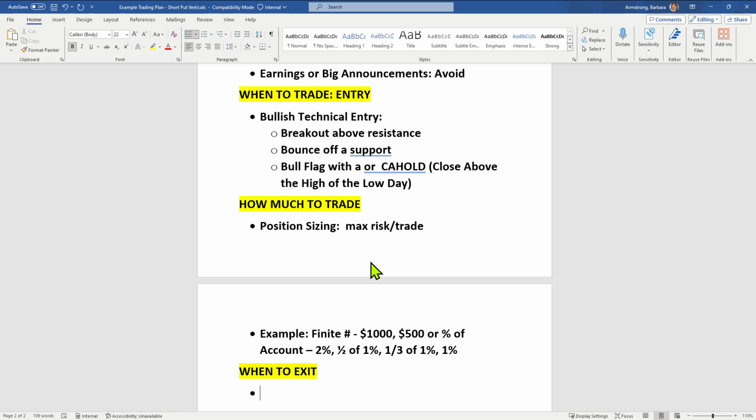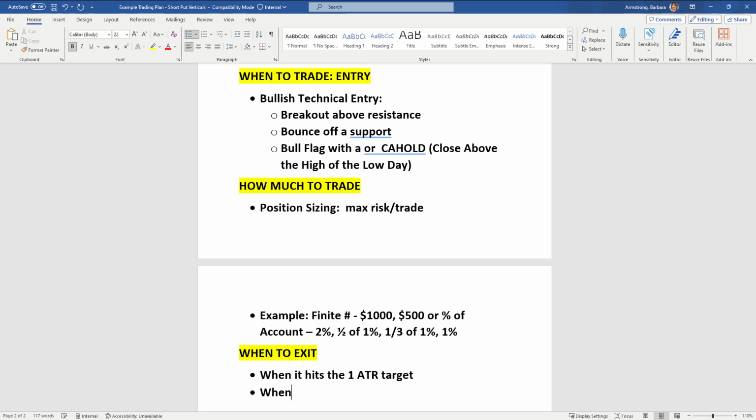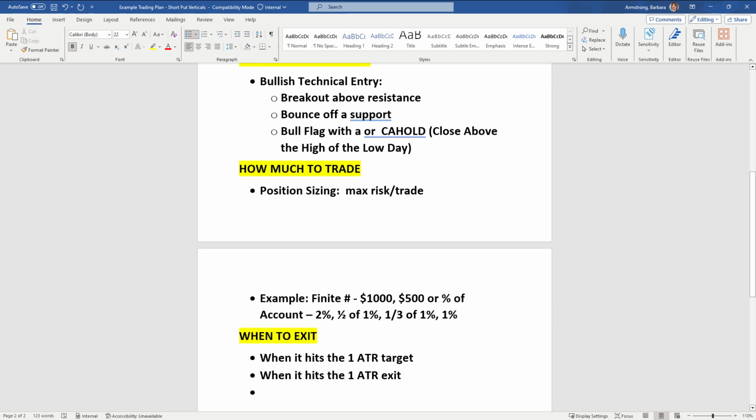So you might say, well, in this case, if I'm placing a 1 ATR trade, I want to exit when it hits the 1 ATR target, or when it hits the 1 ATR exit or stop. But what if it doesn't hit the target or the exit and it just kind of lollygags about in between? Well, we don't want that to happen either, because then we've got time decay that's an issue.